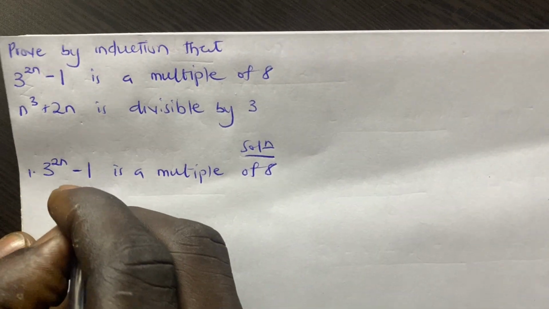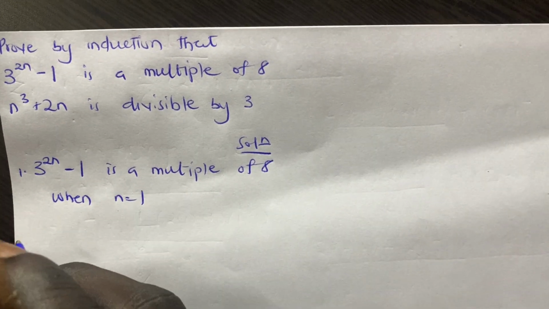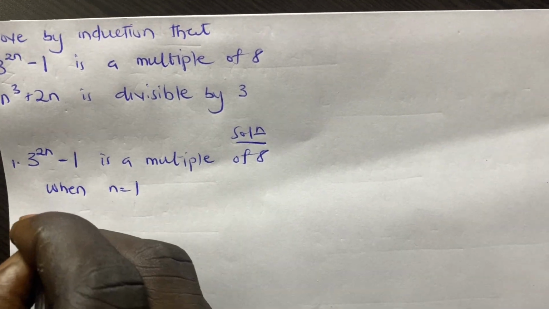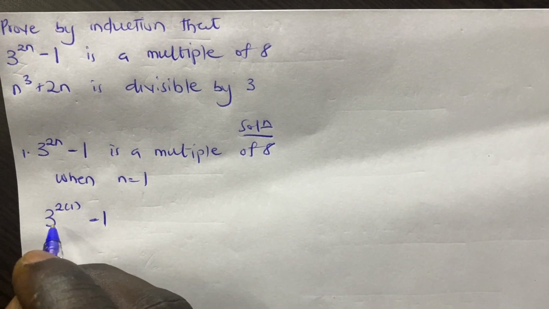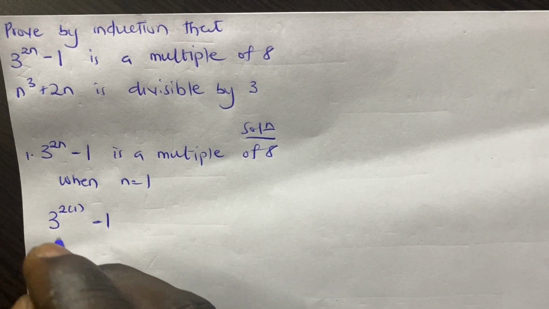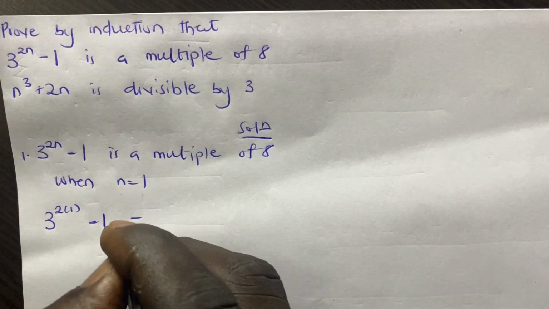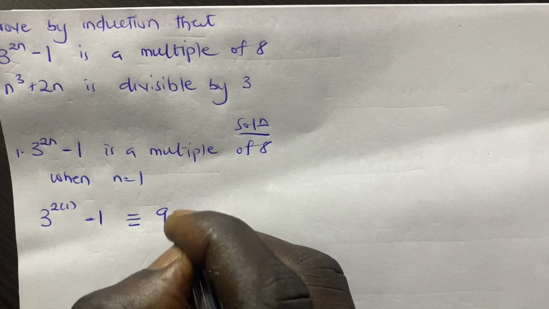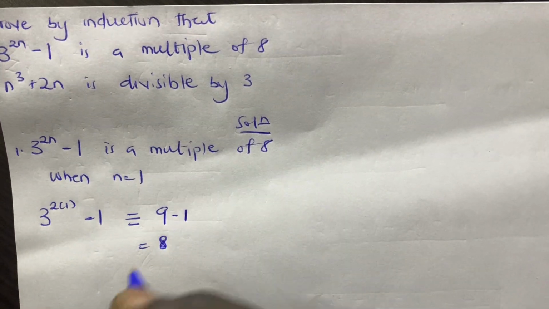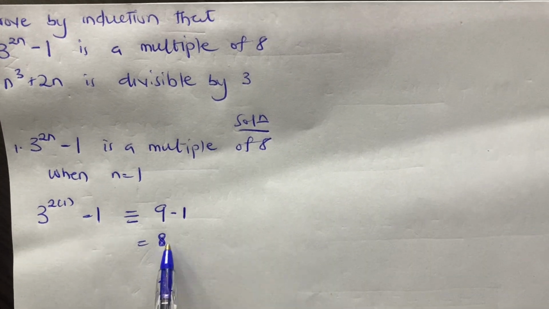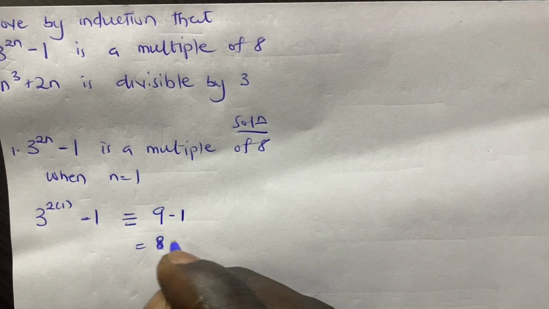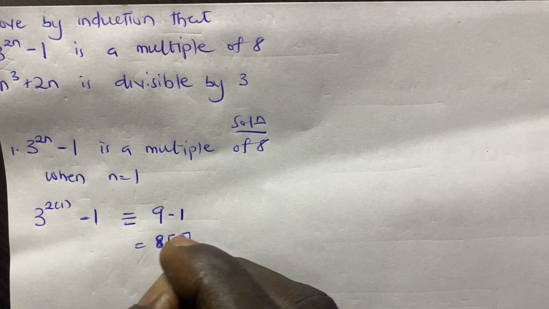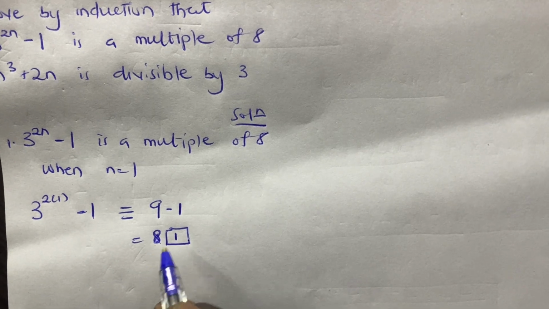When n is equal to 1, we get 3 raised to the power 2 times 1, minus 1. 3 raised to the power 2 gives us 9, minus 1, and the answer is 8. So ideally 8 is a multiple of 8, because this is the same as 8 multiplying something which is 1. So this is a multiple of 8.